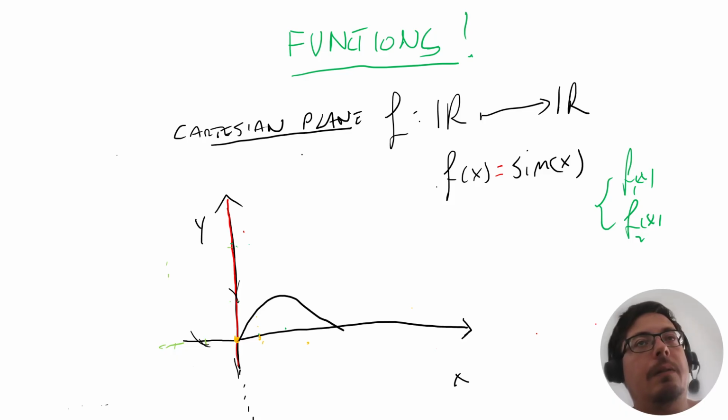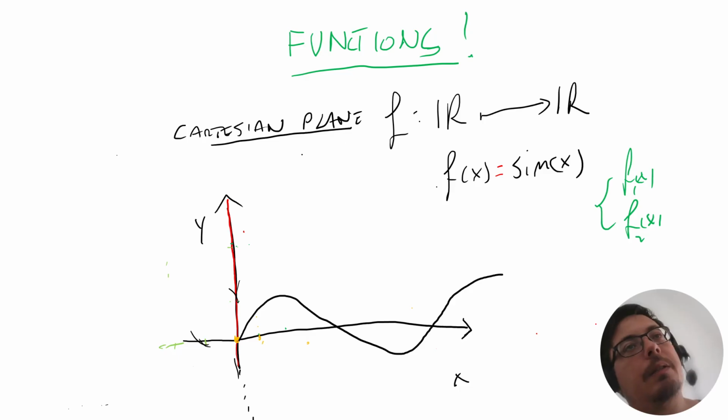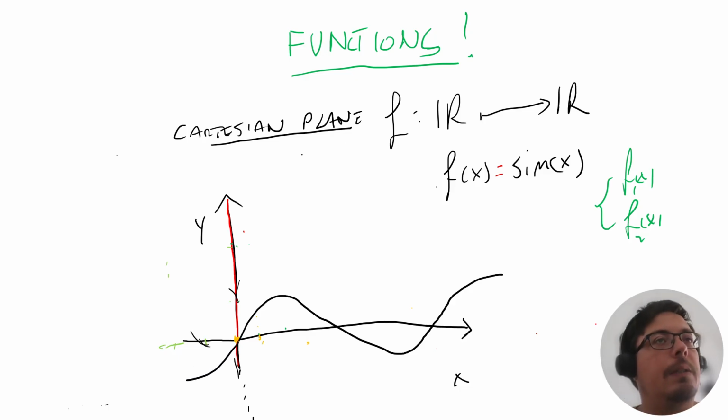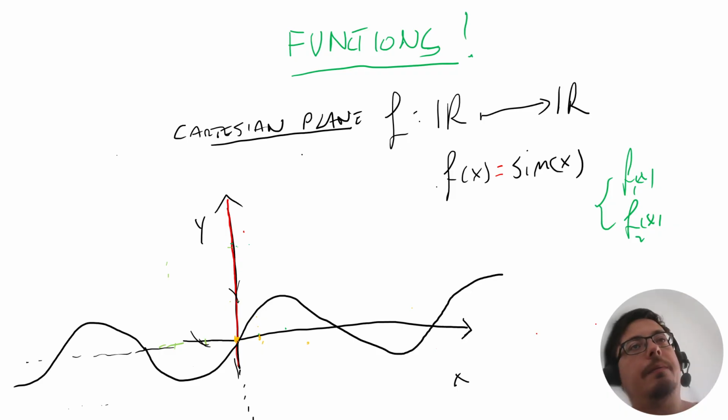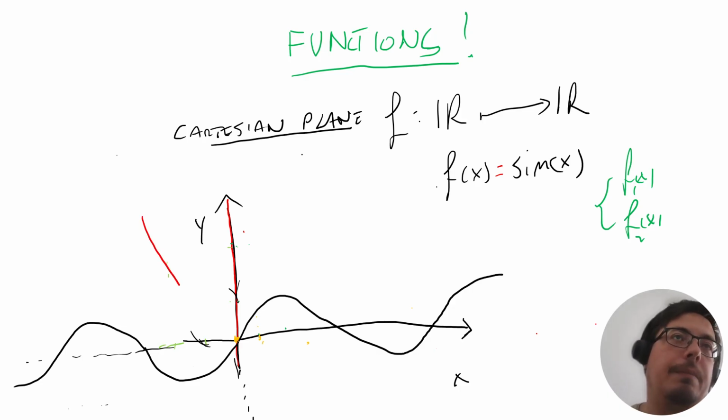It's periodic, and this goes down, and this goes up, this goes down. Okay, so this is a sinus. As you can see, it's quite different from the parabola that we drew before. The parabola was something like this, right?